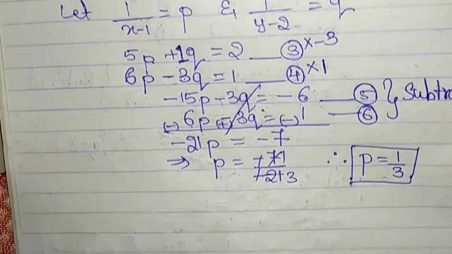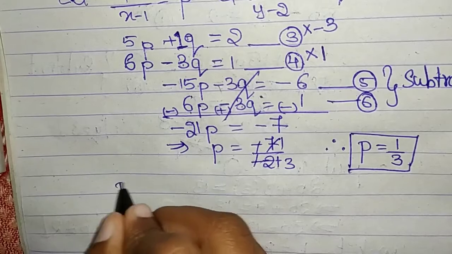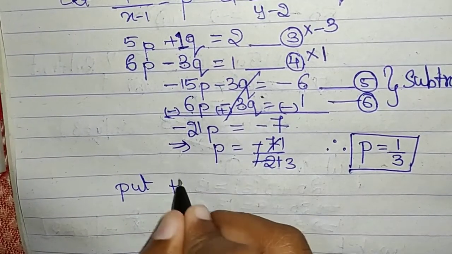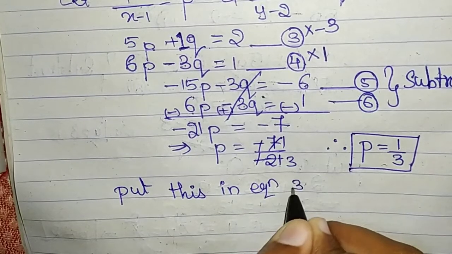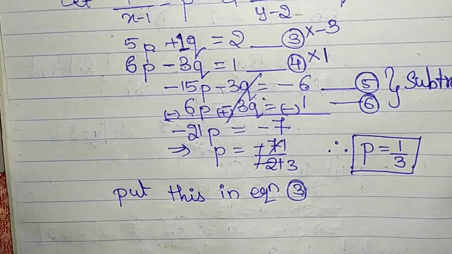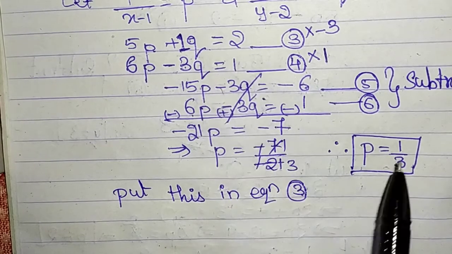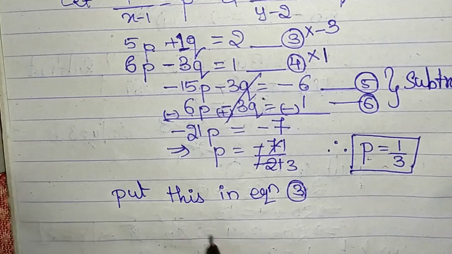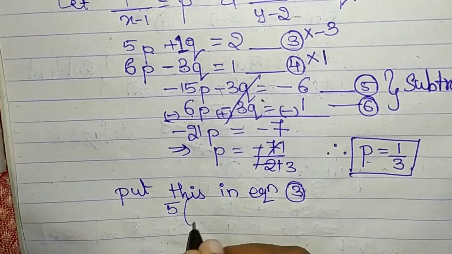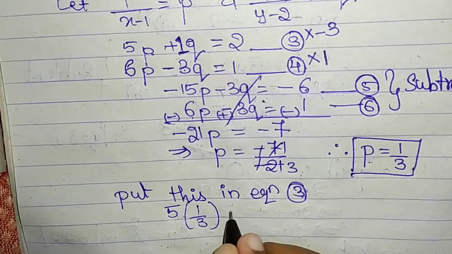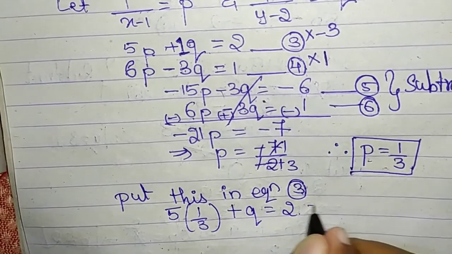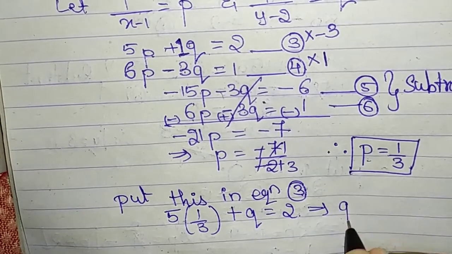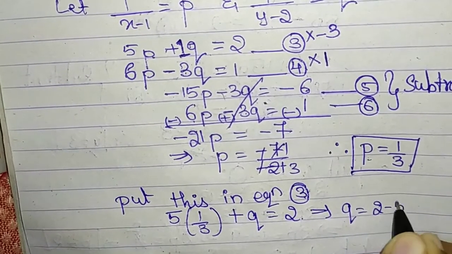So now to find the value of q, put the value of p in equation 3. We will get 5 into 1 by 3 because p is 1 by 3, plus q is equal to 2. So this implies q is equal to 2 minus 5 by 3.